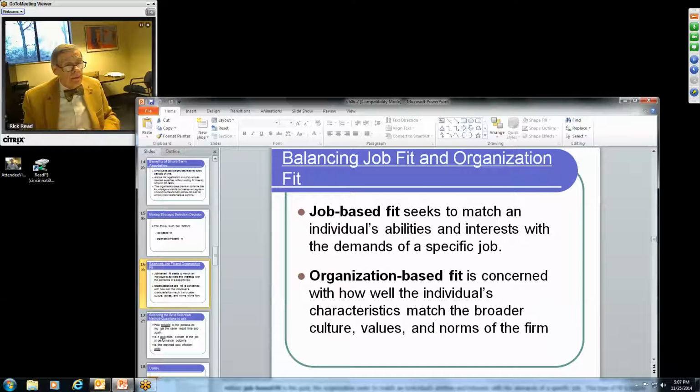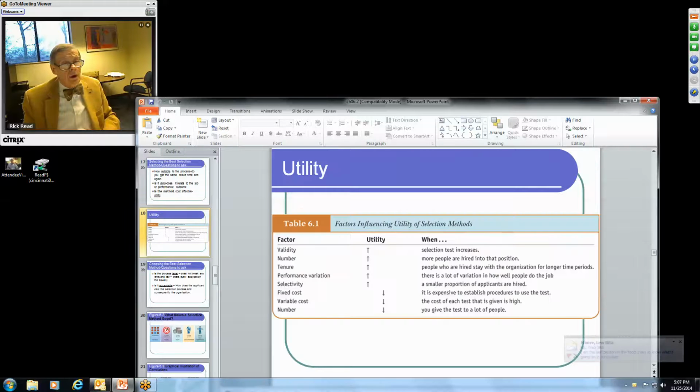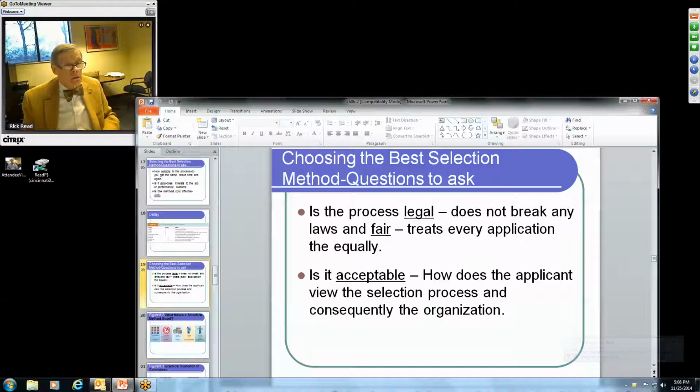All right, now we've seen that slide, and this talks about validity, etc. And here, in the selection method, we have to ask a couple of questions. Is the process legal?